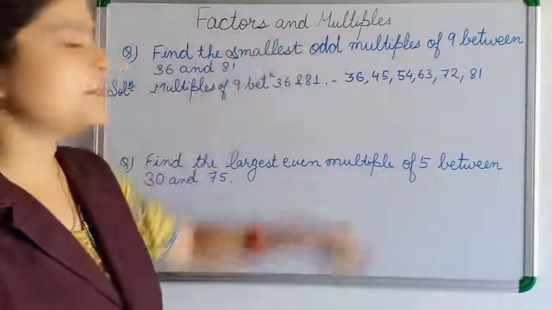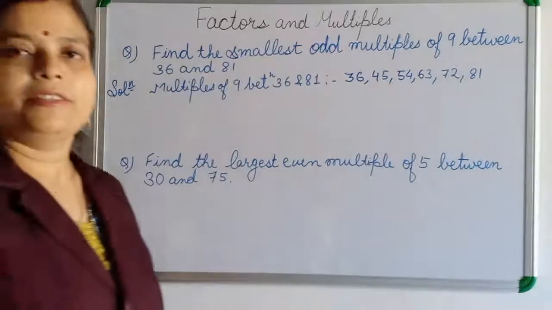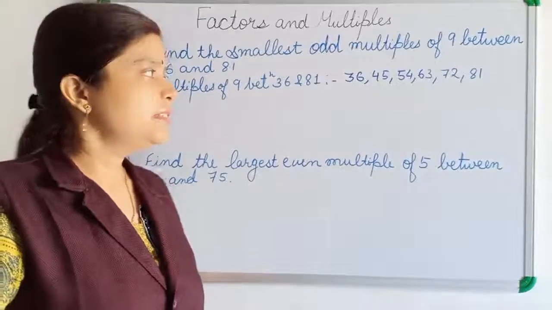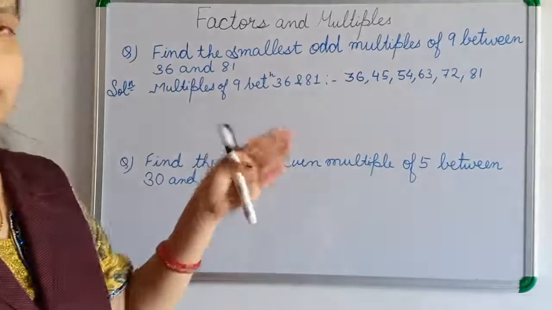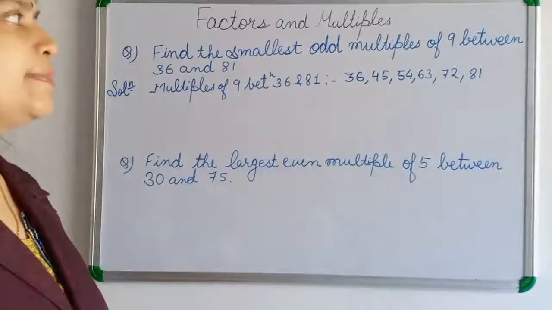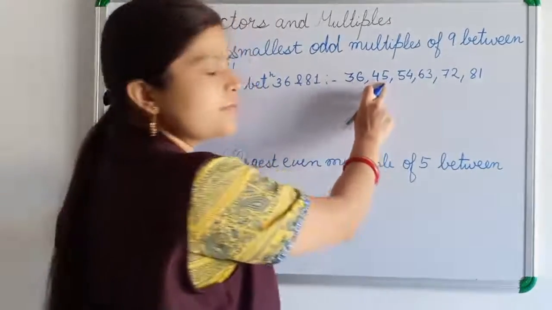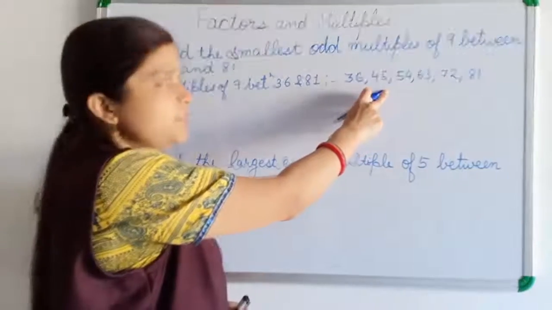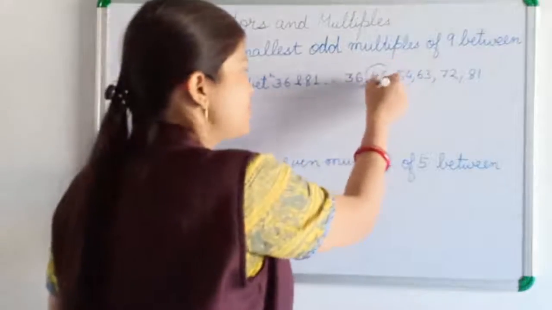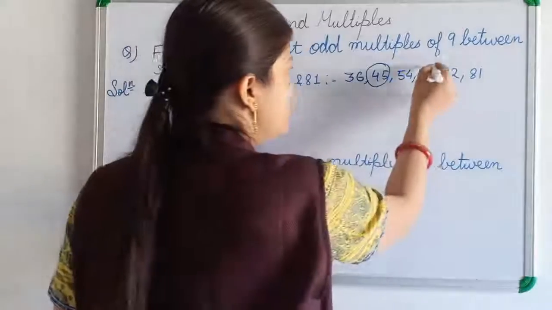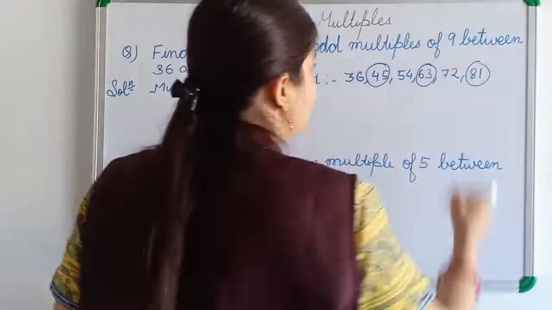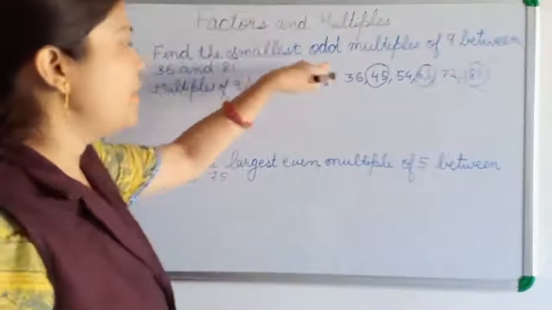Smallest odd multiple. Odd, you know now what is odd? Odd number never ends with 2, 4, 6, 8. It is not divisible by 2. So this is an even number and 5 is the odd number. So this is the first odd number, smallest one. Next odd number is this, then next odd number is this. So we have to find only the odd multiples.